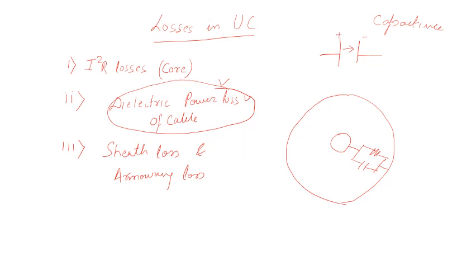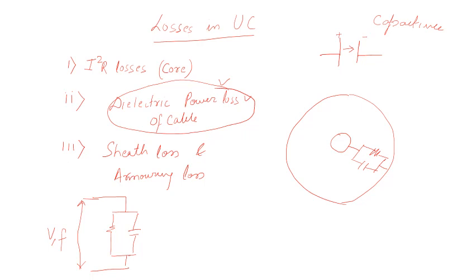Means what? That here, this is the resistance and this is the capacitance. Suppose there is a voltage here, and this voltage is constant, and your frequency is also constant, because right now we will discuss more on frequency, as it gets affected by the frequency also.